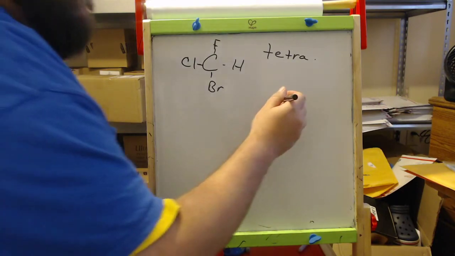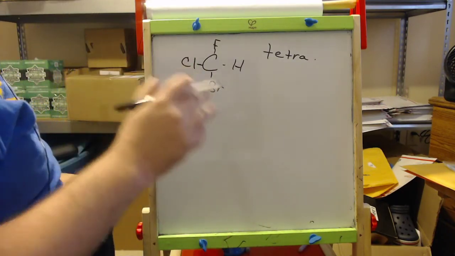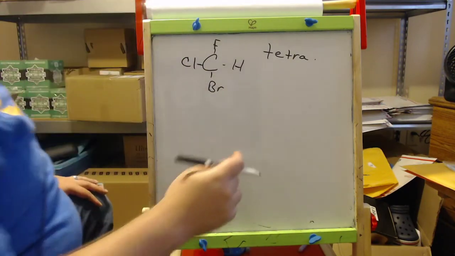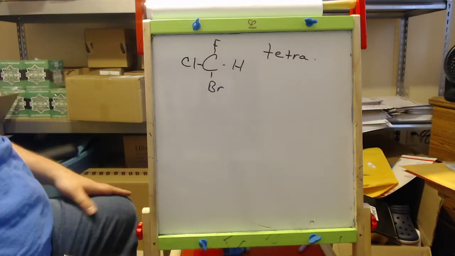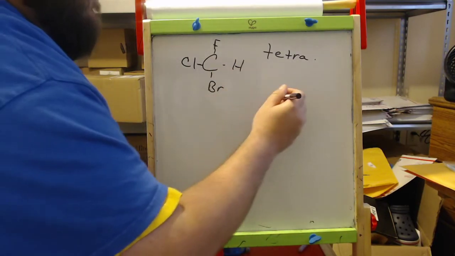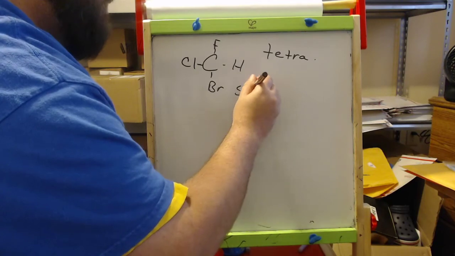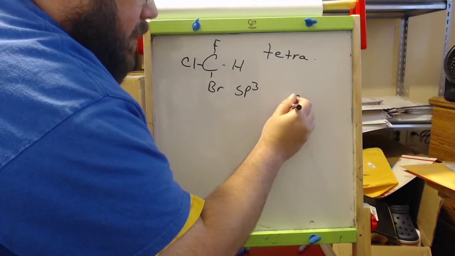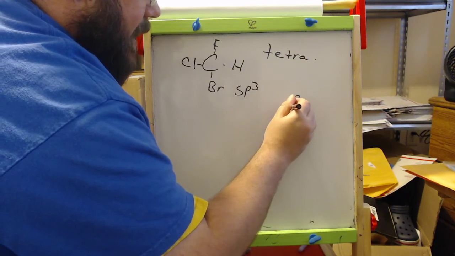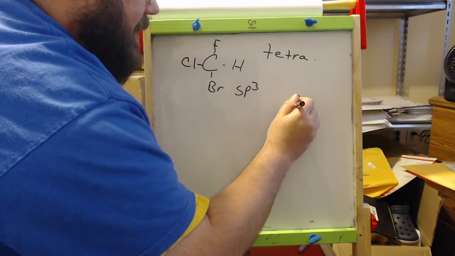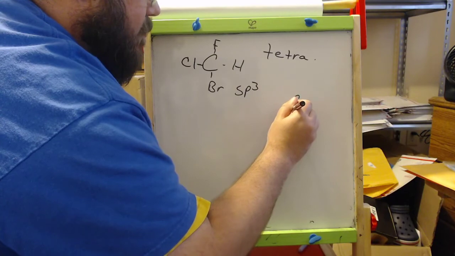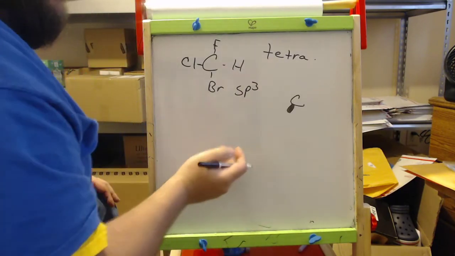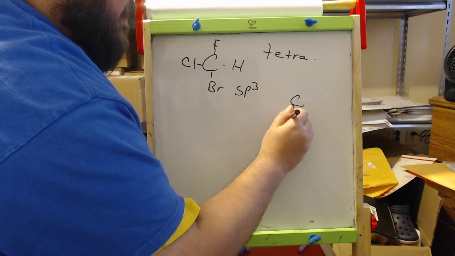The wedge and dash method lets us show that 3D tetrahedral. If I'm an sp3 carbon and form that tetrahedral, one of these components is going to be coming out at me, and we represent that by a triangular wedge with a square base coming out, filled in. That means it's coming out. We'll put the bromine there.